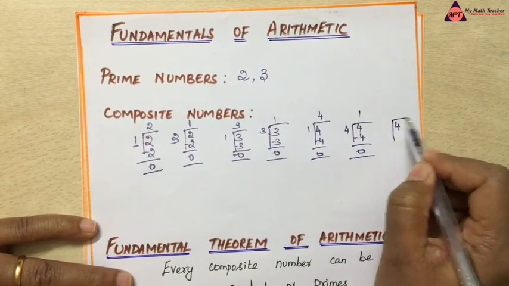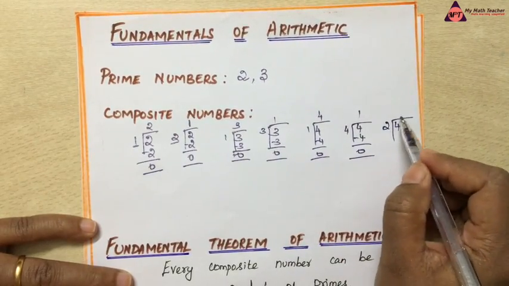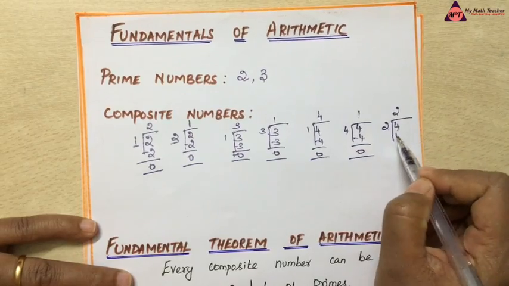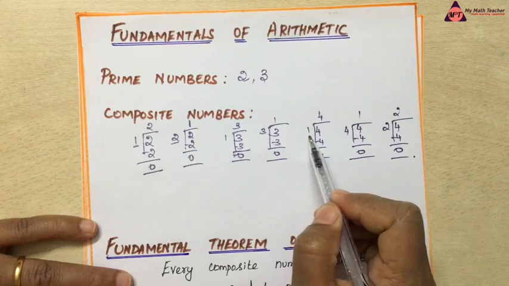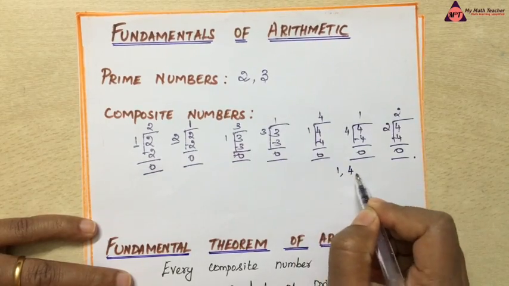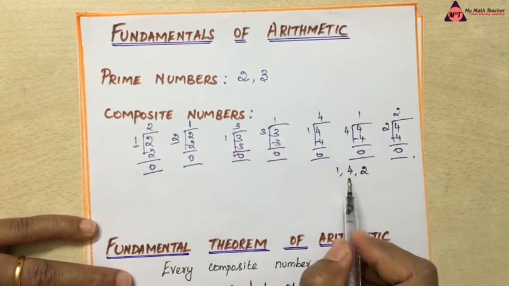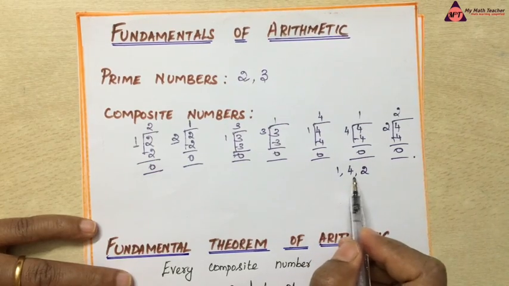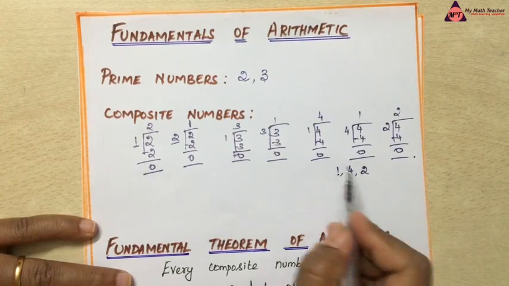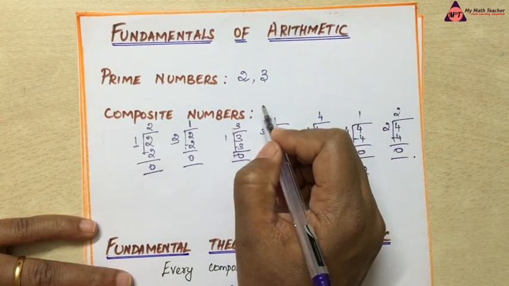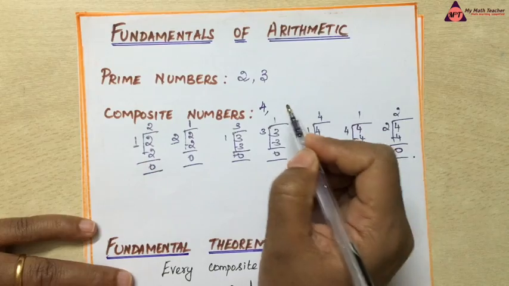Again, 4 can be divided by 2 also. 2 2s are 4. Here, 4 can be divided by 1, 4 and also by number 2. So, definitely this is not a prime number. A prime number should be divided by only 1 and the number itself. So, it's called a composite number. So, 4 is a composite number.